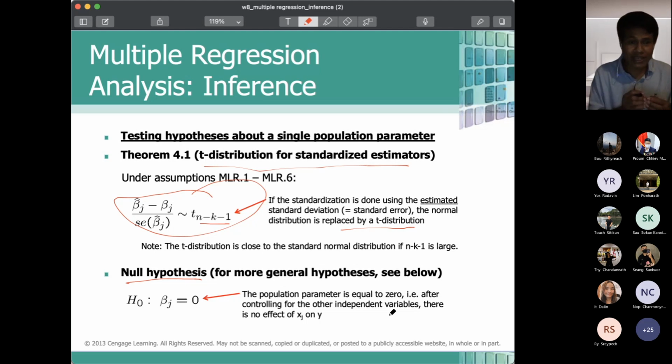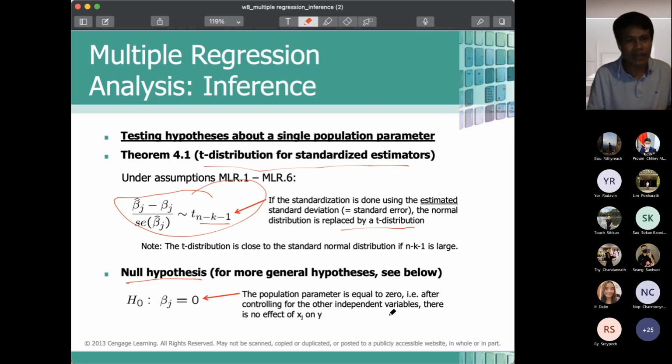But that coefficient is from the sample. So this hypothesis asks, is there any chance that your delta, your population parameter, equals 0? The null hypothesis states that delta j, your independent variable of interest, has no effect on the dependent variable.